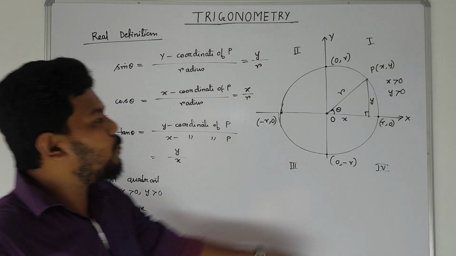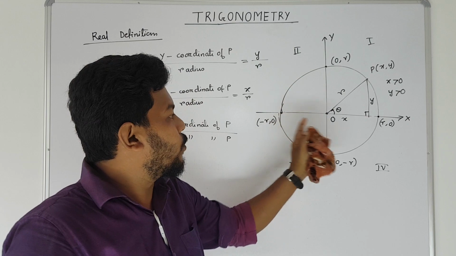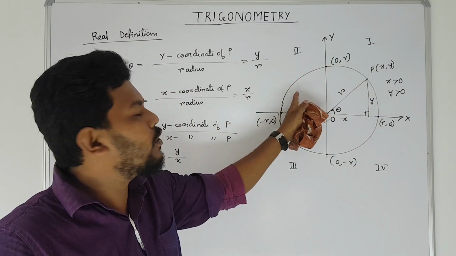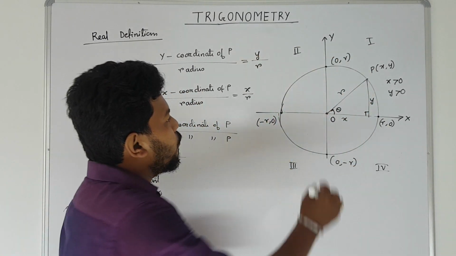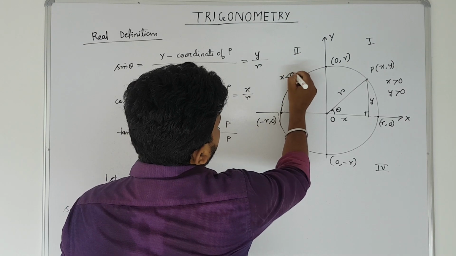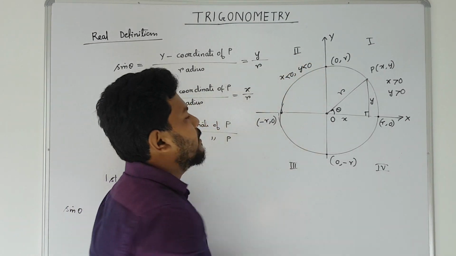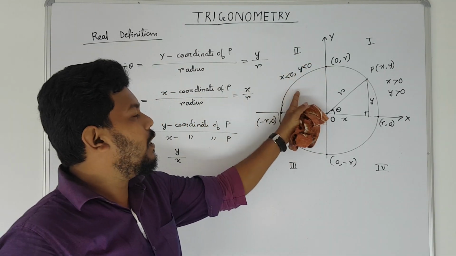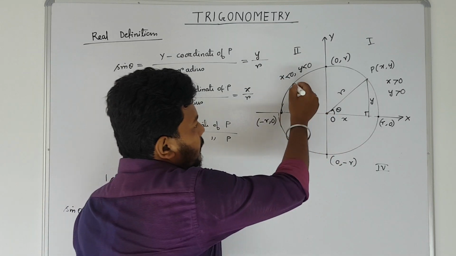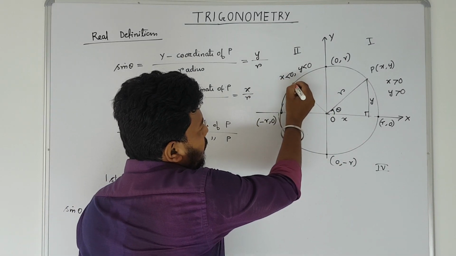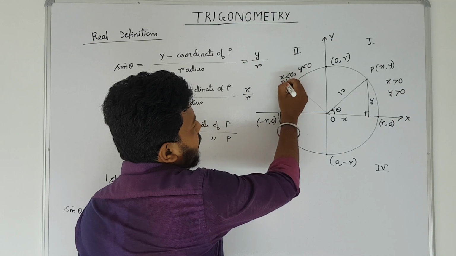Now if the point P moves through some angle and reaches the second quadrant, in the second quadrant we know x is negative and y is positive. For the angle theta in the second quadrant, the point P reaches here, this is P dash.